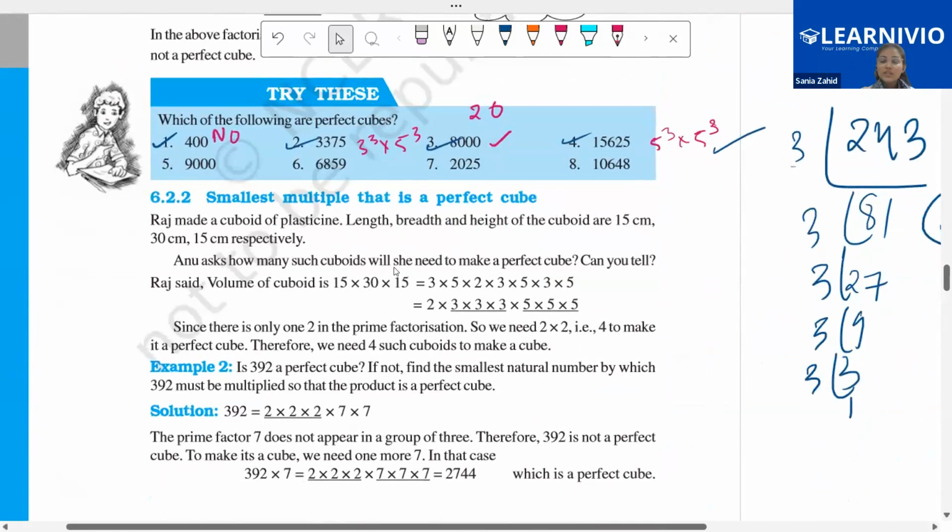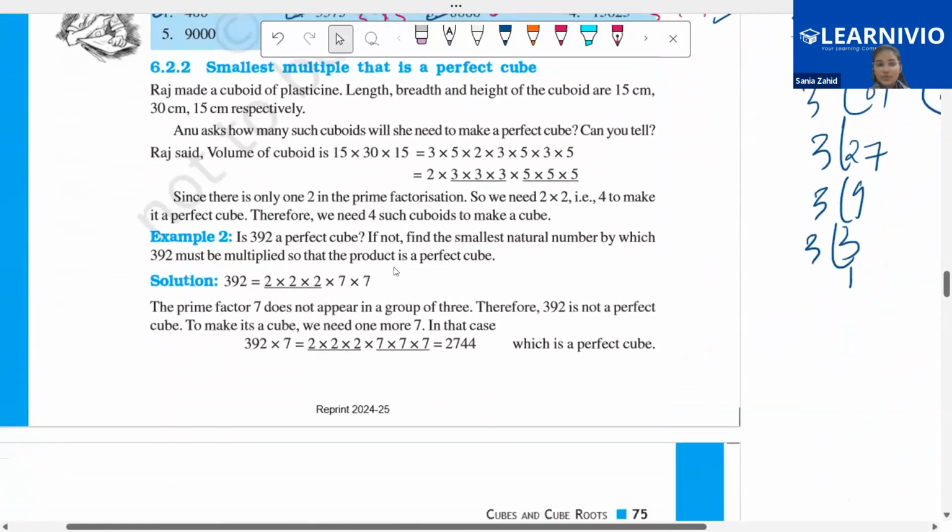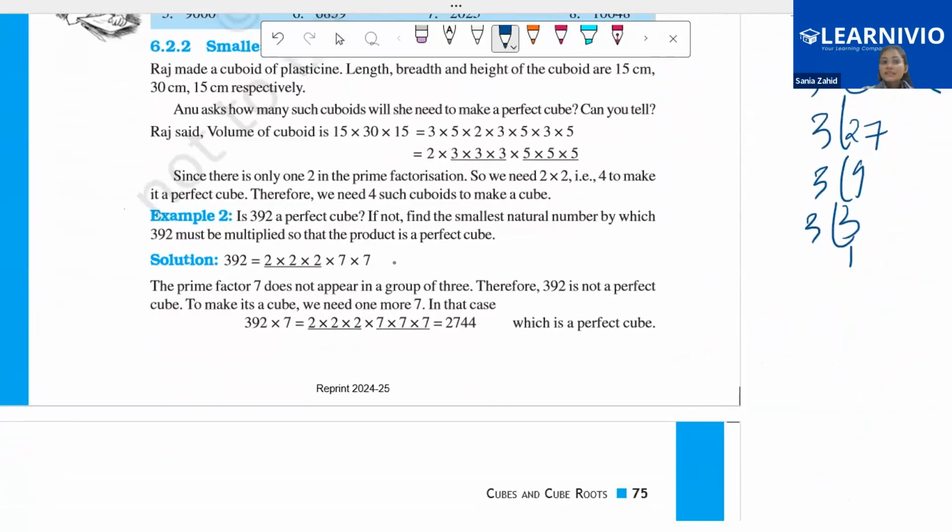So how do we check these types of questions? See, look at this question. It says, is 392 a perfect cube or not? So how do we check if a number is a perfect cube or not? We do the prime factorization. So we'll do the prime factorization of 392.